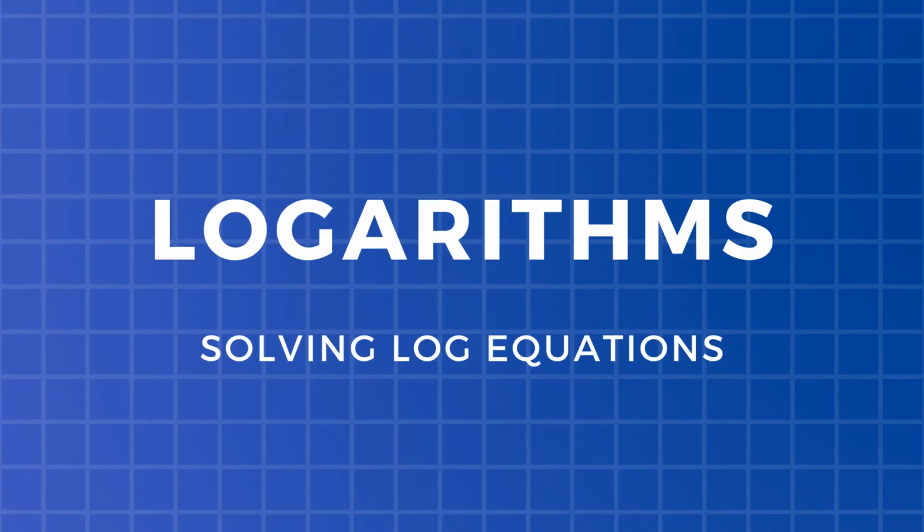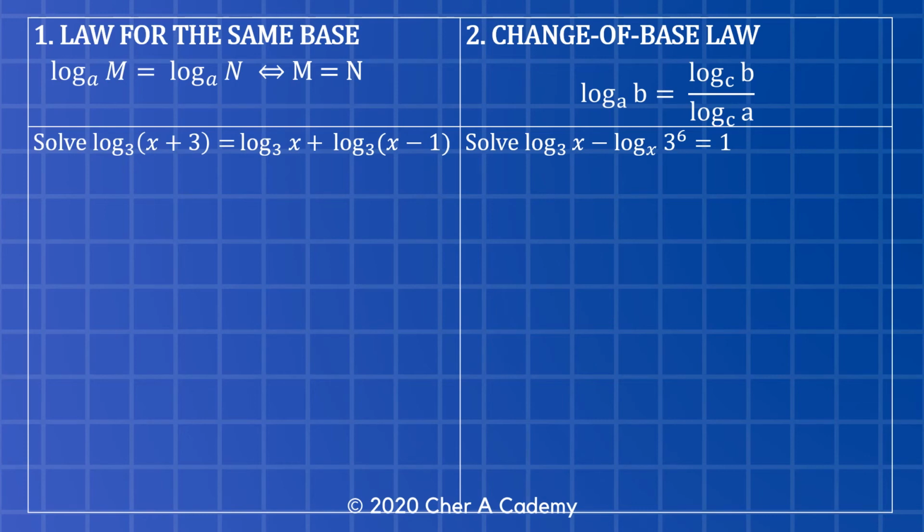Let's move on to the next part of logarithms, which is solving log equations. To solve log equations, I can use two ways. The first way is the law for the same base. It states that if I have two log forms equal to each other, so I have this log here, I have another log here, they have the same base, different values here, it means that my m is equal to n.